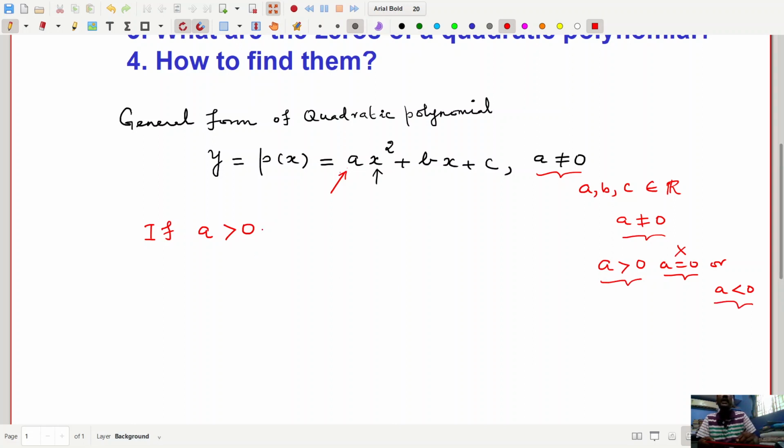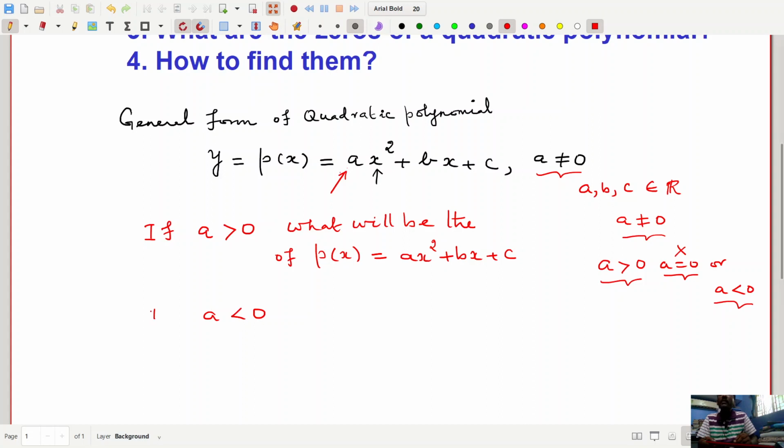So if a is greater than 0, what will be the diagrammatic representation? This is case 1. What will be the diagrammatic representation of the quadratic polynomial p of x equal to ax square plus bx plus c if a is greater than 0, and if a is less than 0?